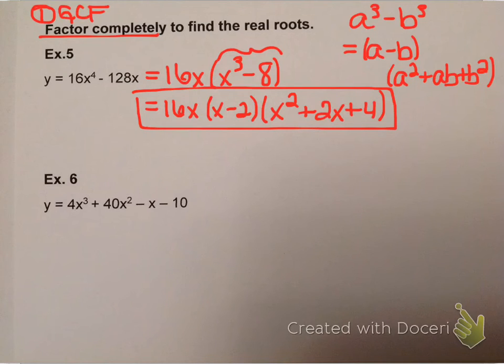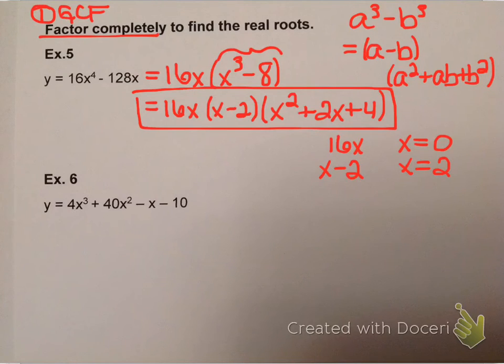What we're going to start doing now is, once we've got it factored, we can use those factors to give the real roots. So 16x is your first factor, and the solution it would give you would just be x equals 0. x minus 2 was the second factor, and so the solution it would give you would be x equals positive 2.